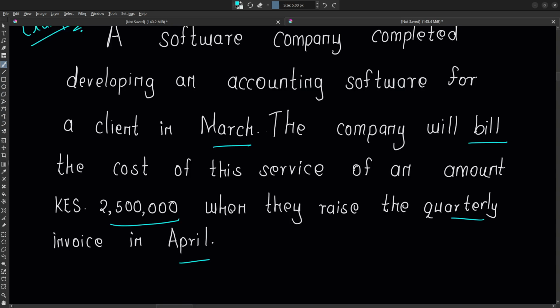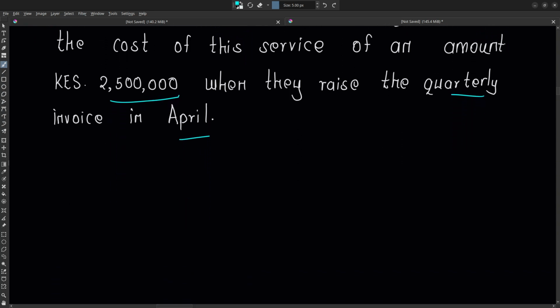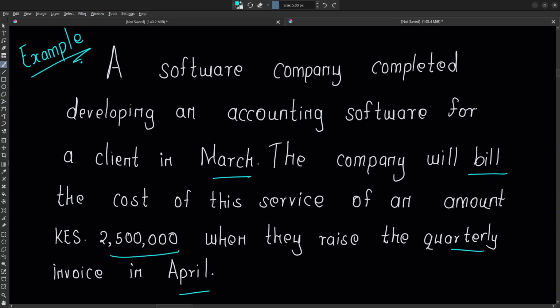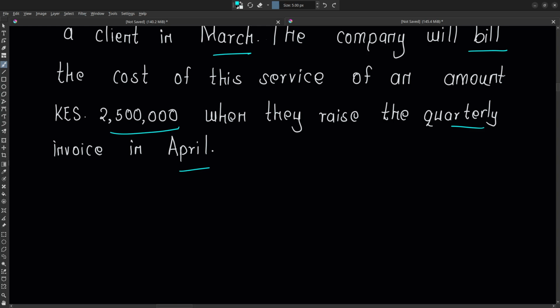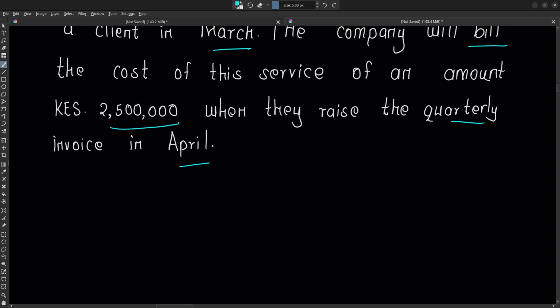This company has already done the work, so they have earned that revenue. We need to recognize that revenue even if they have not yet invoiced. Remember here we are recognizing the revenue, but we are yet to receive the payment. So how do we go about this?